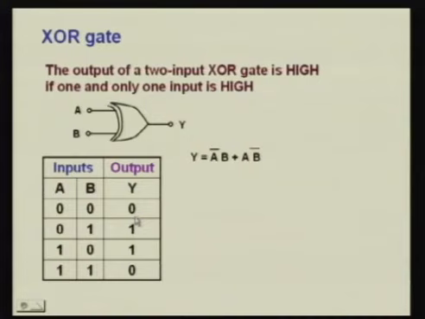And from this truth table we can construct the output. You see, I have just written Y is equal to A bar B plus A B bar. How can we write it? For constructing the output from the truth table, we have to look at the output status. We have to enter all the inputs for those rows where we are getting one state.